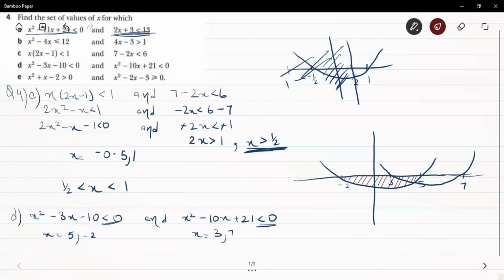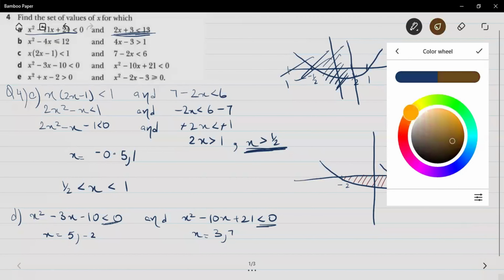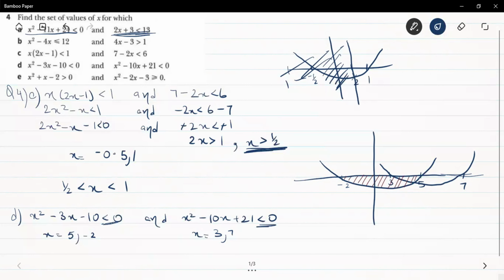Okay, and for the second one, let me just choose a different color here. For the second one, we are going to mark the values which are going to be acceptable. So it's going to go like this. Now if you can see, the points between 3 and 5 are the points where both of these are going to exist, meaning both of their values are going to intersect.